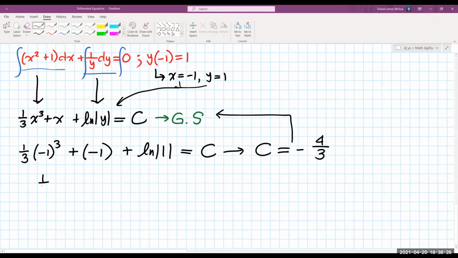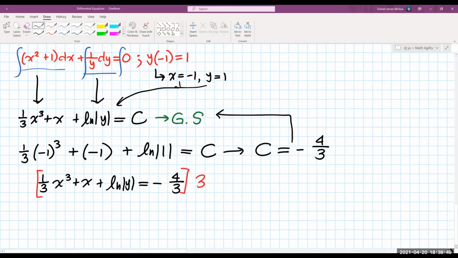We have 1/3 times x cubed plus x plus the natural logarithm of the absolute value of y, that is equal to -4/3. And then let's eliminate the denominators by multiplying by 3.